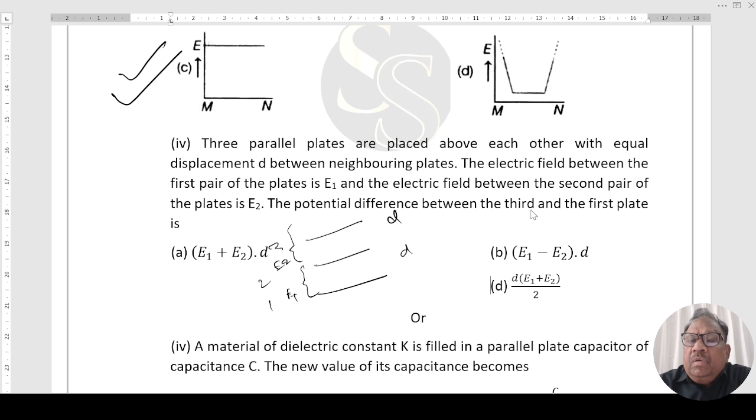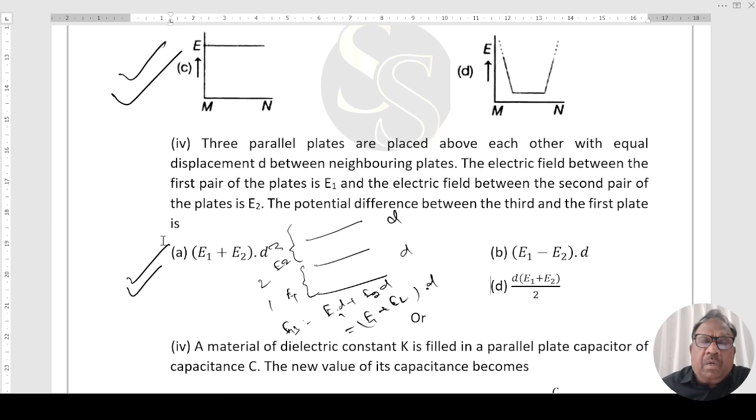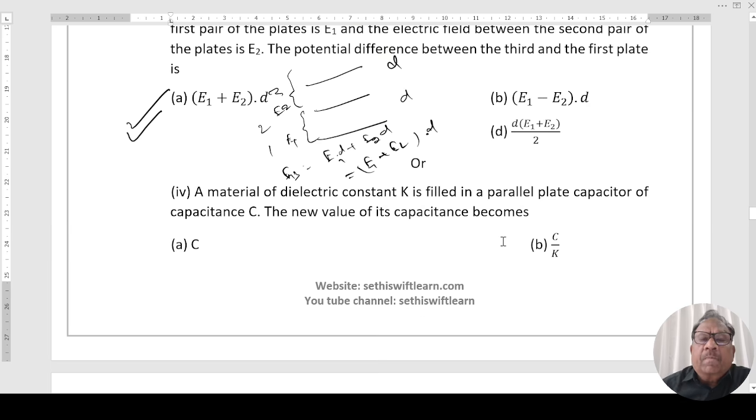The potential difference between the third and first plate, we have to find, that is E1D plus E2D, that is (E1 plus E2)D. So A is the correct option.